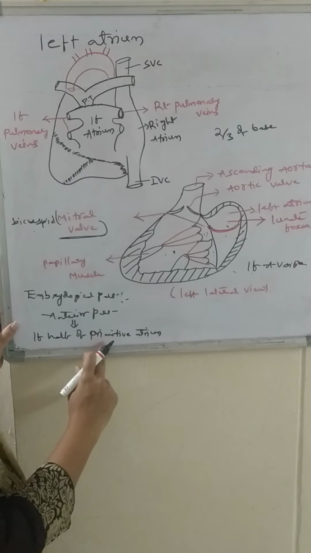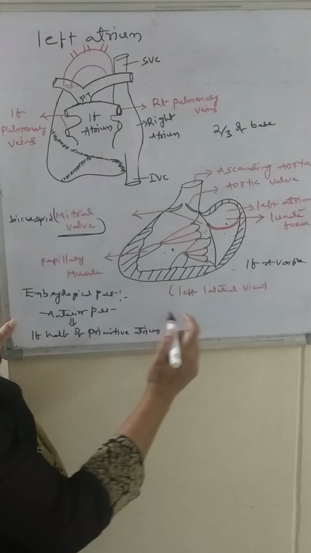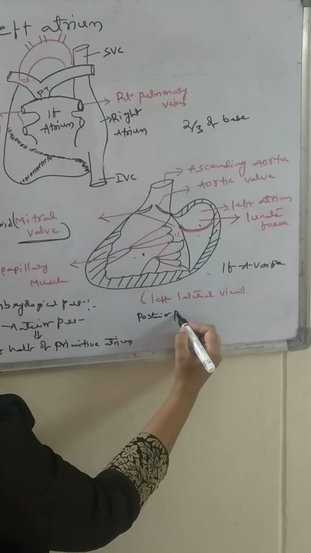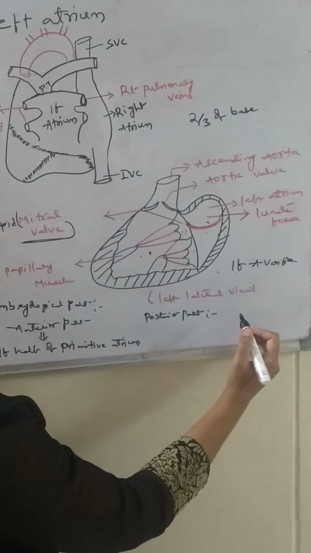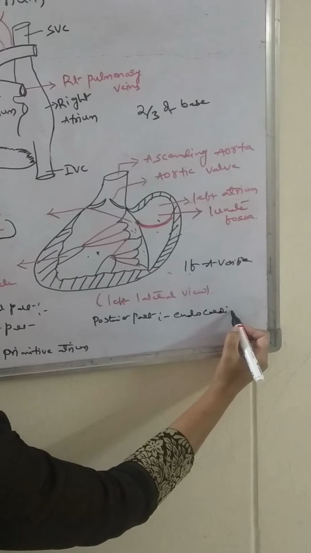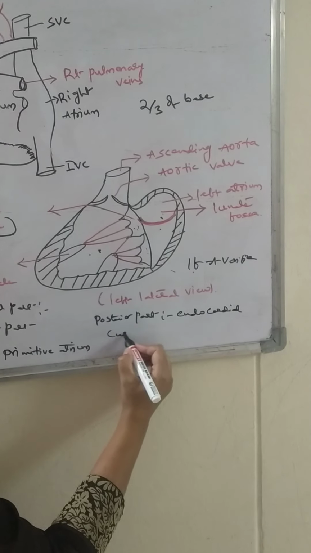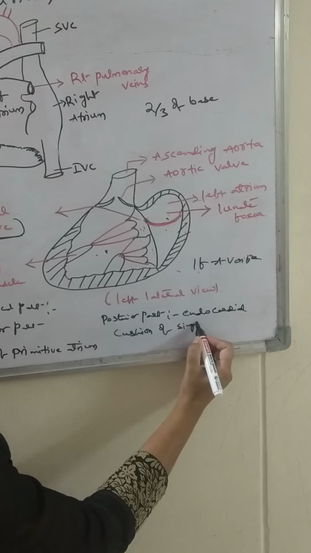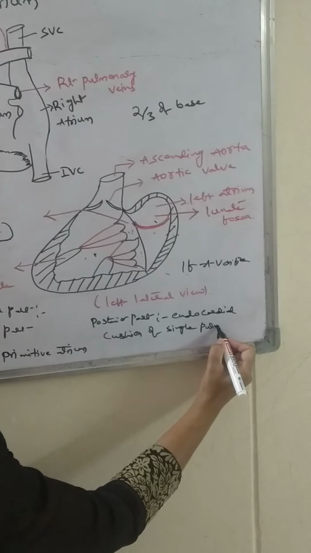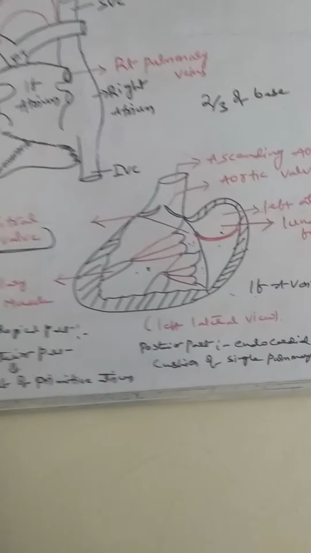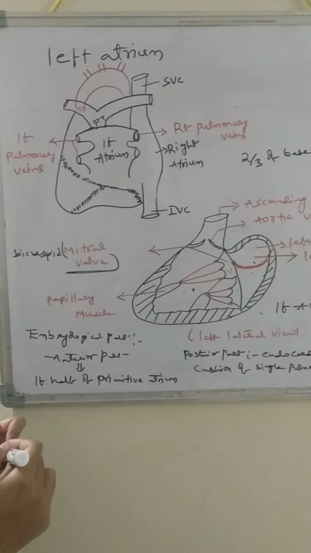The posterior part of the left atrium is formed by the endocardial cushion of the single pulmonary vein. That is about the development of the left atrium.